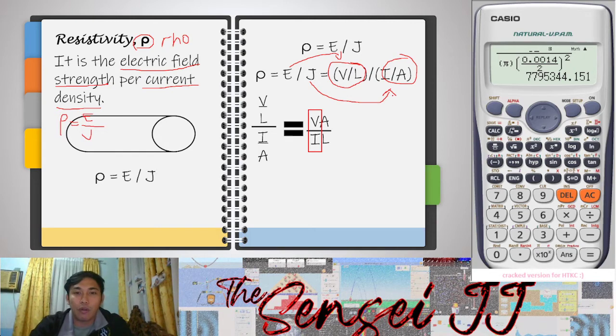Okay, so we have here our formula cross multiply. We have here VA over IL.